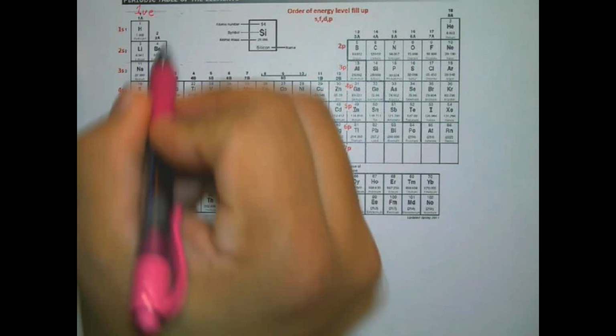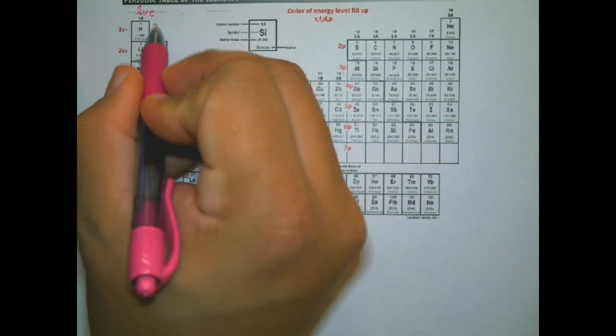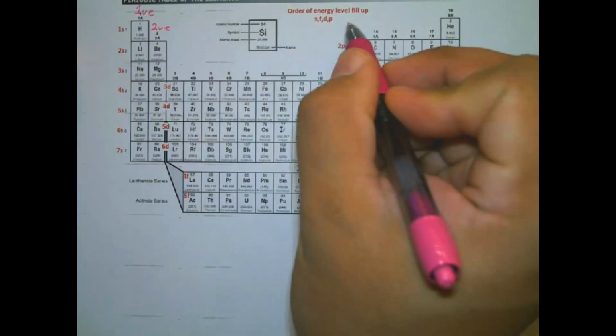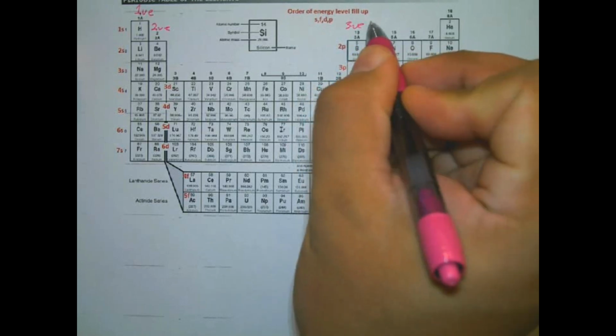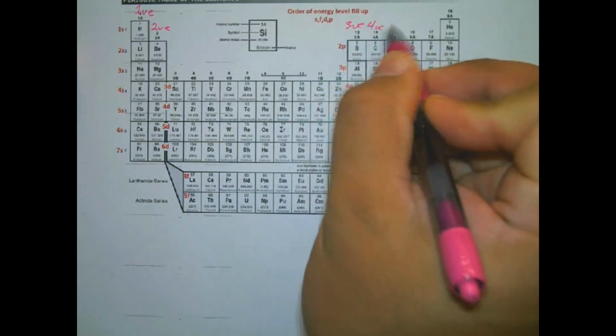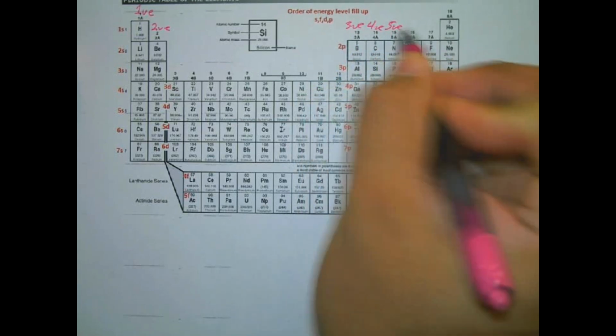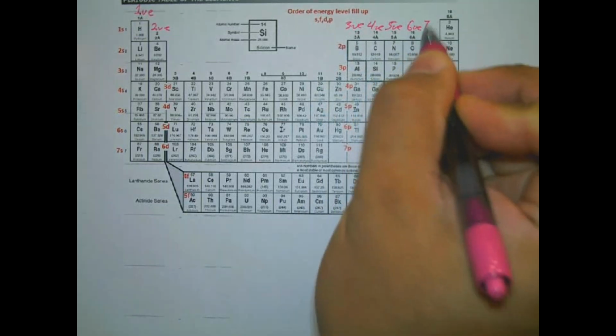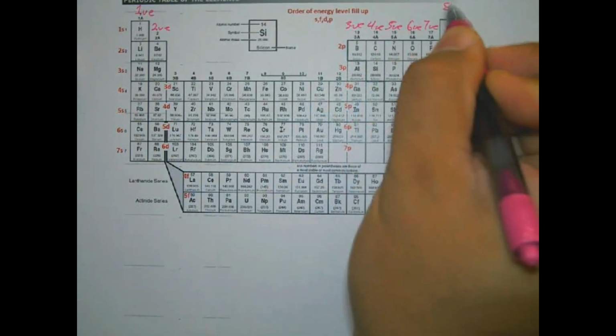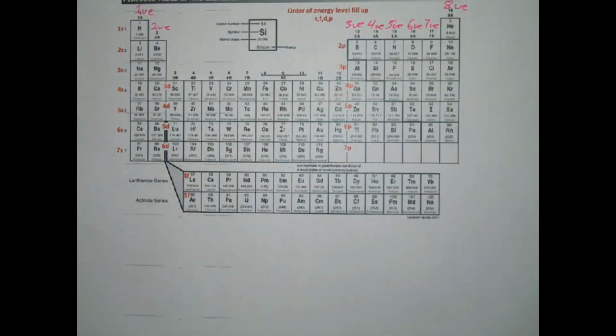All of group 2 has 2 valence electrons. Then we have 3 valence electrons, 4, 5, 6, 7, and then 8 valence electrons. Okay? So since we say families are determined by how they react, then we know that we've got to be looking at valence electrons here and where they stack up.